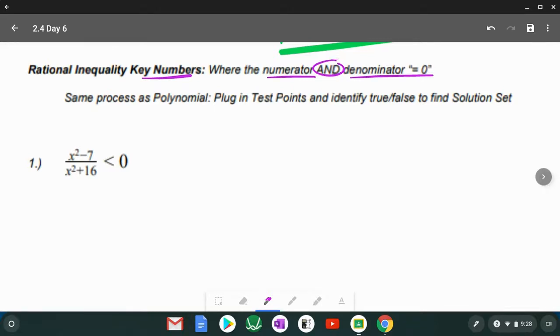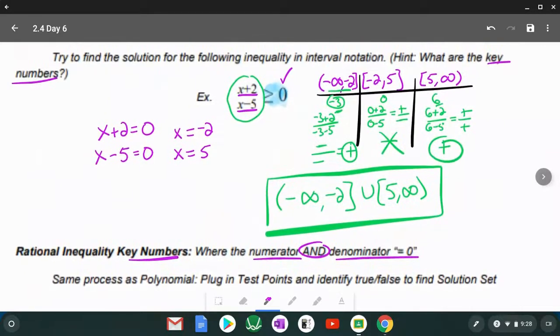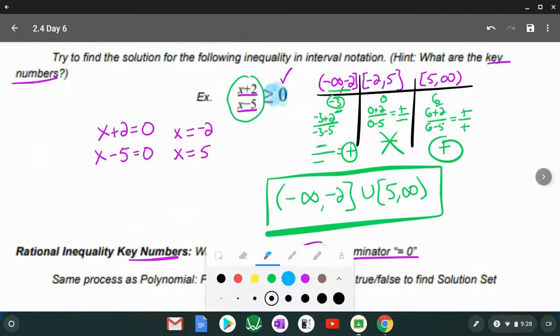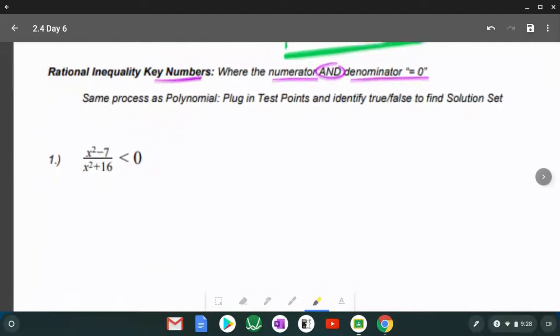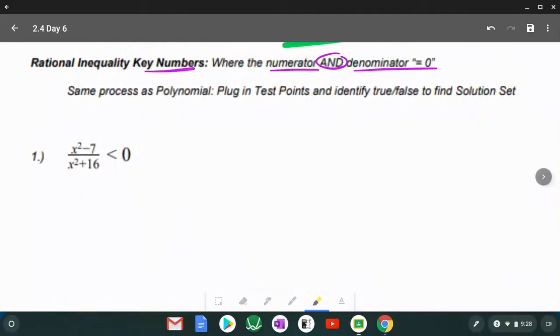And again, just like we talked yesterday, I could have picked -5, I could have picked -20. All of those numbers are going to have the same output as any other number in that section, which is why we want to find those key numbers to break up our number line.